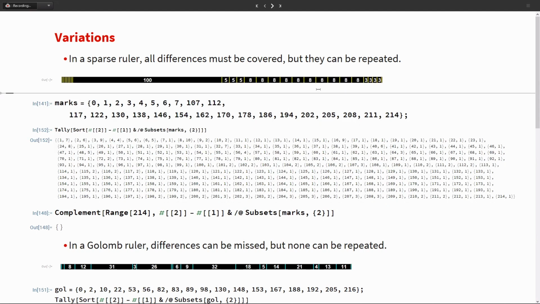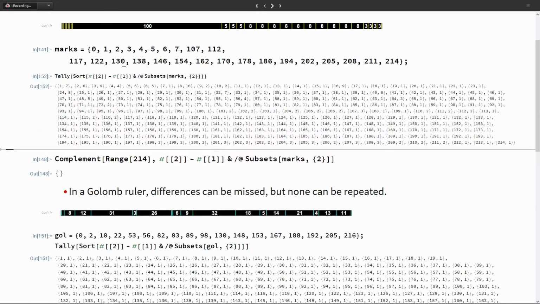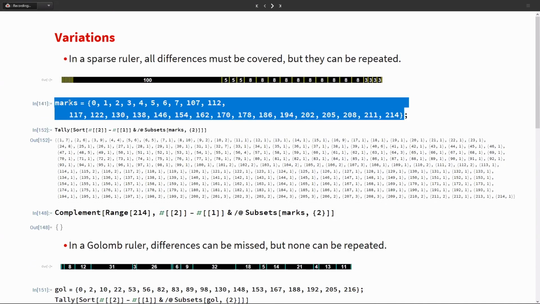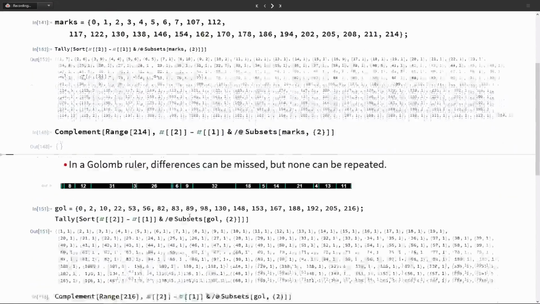It's pretty easy to pick out the sets of marks you need to measure a given distance, just because everything is so regular. We can check that this works if we set the number of marks here and we tally all the differences. We get that all the differences 1 to 214 are covered somewhere within these sets of marks.